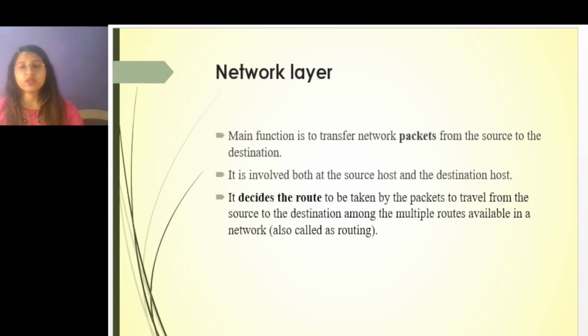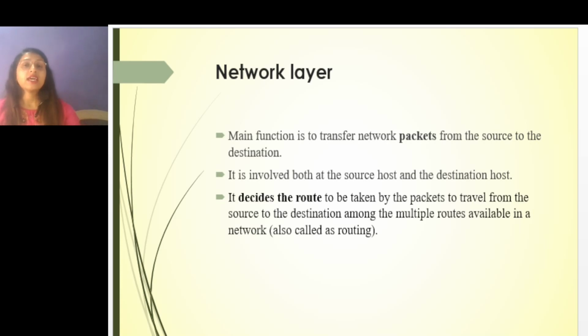In the network layer you have to remember that the word we are going to use to address the data unit is packets. The main function of the network layer is to send packets from source to destination, or you can say from the source host to the destination host.